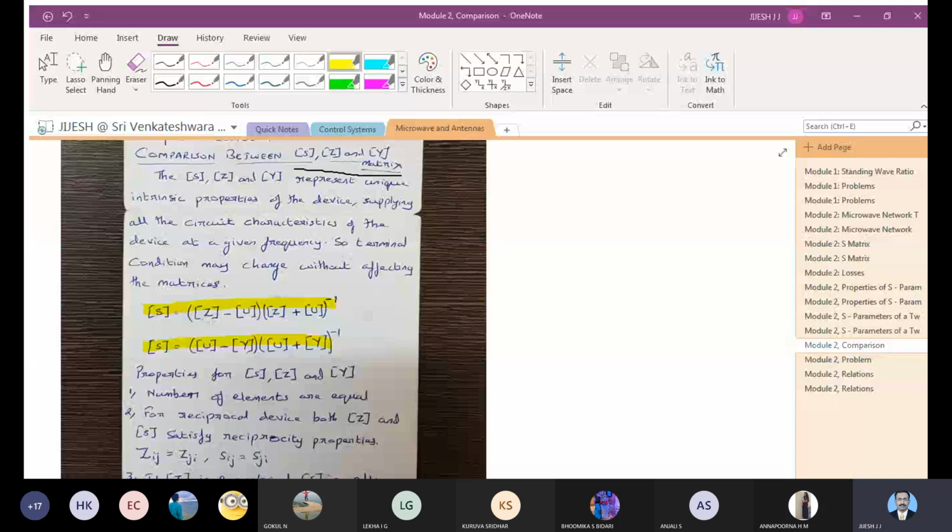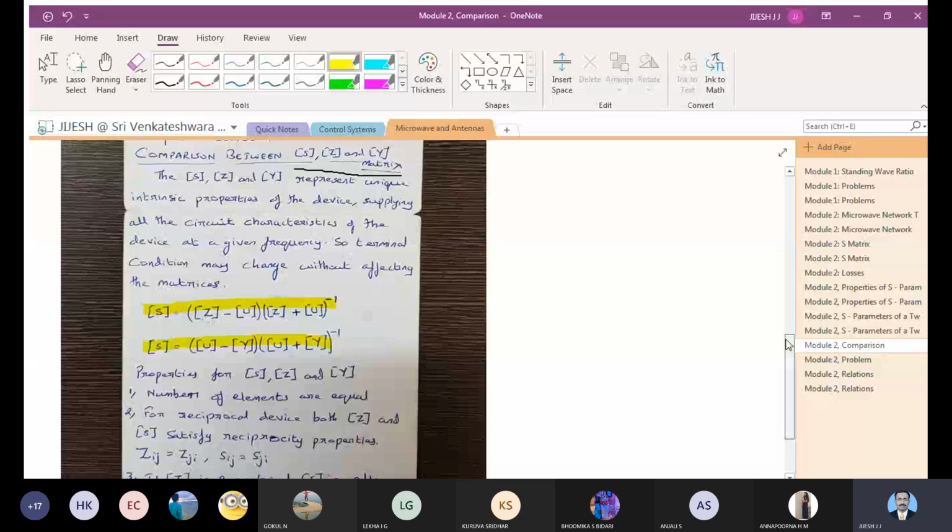Okay. So we'll see how these properties for matrix S, matrix Z, and matrix Y interrelate with each other. These are the four properties. The first is the number of elements.